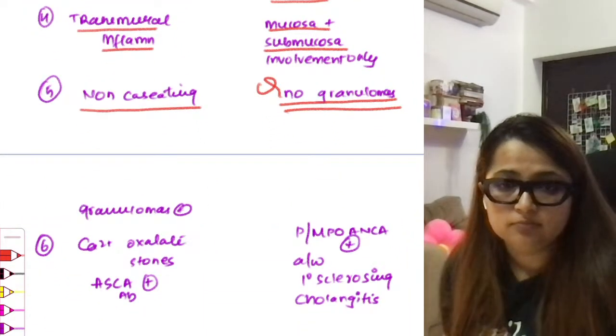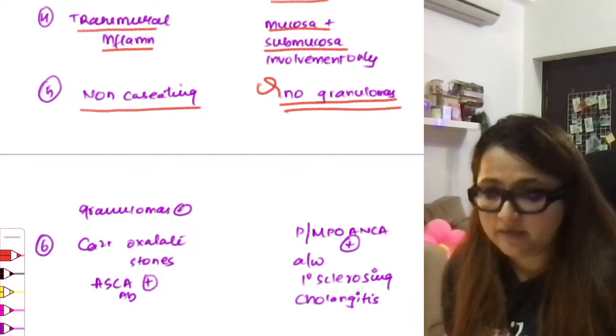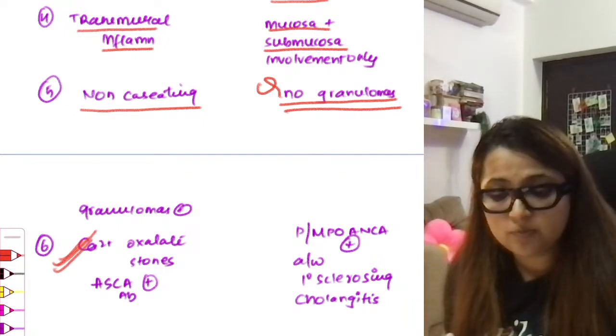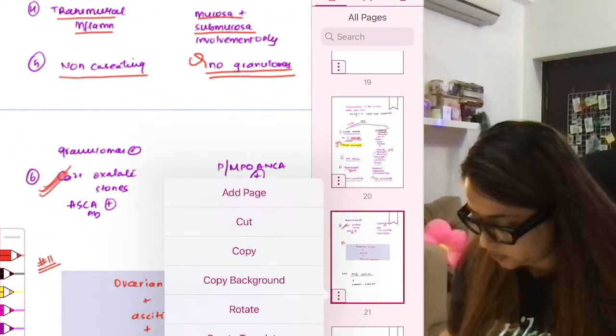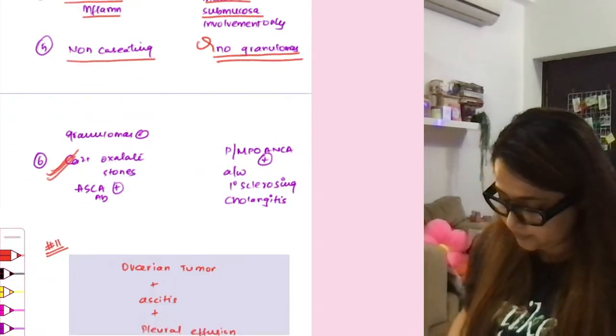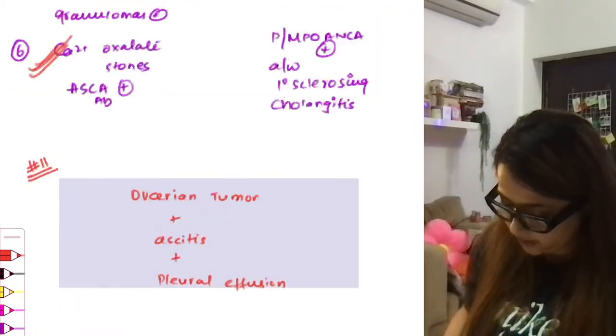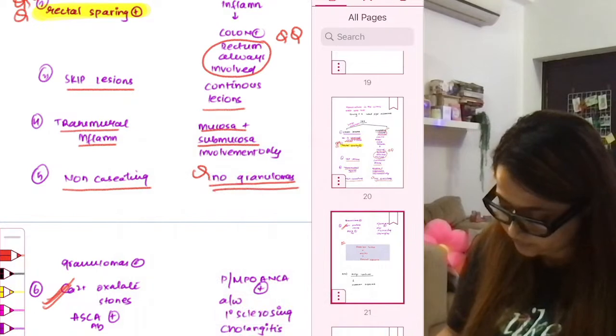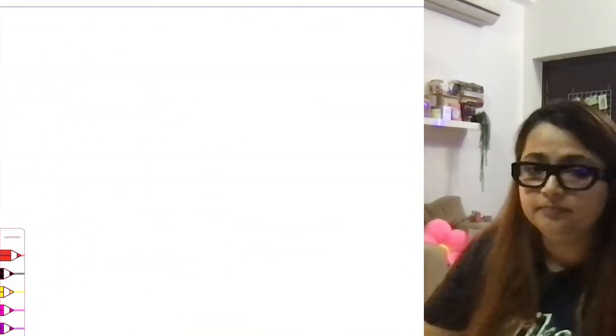Moving on, Crohn disease patients have increased incidence of calcium oxalate stones. So let us discuss this concept also. Can anyone tell me, why do you think Crohn disease patients have increased incidence of calcium oxalate stones? Anyone?